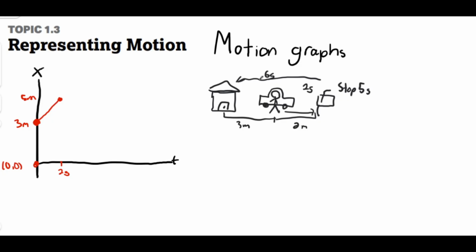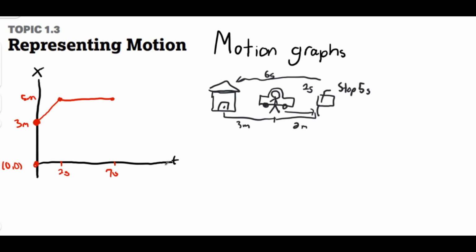Then we stop for 5 seconds. So at 7 seconds, we are at the same position the whole time because we're still at our mailbox. So here's our position there. We can draw a line connecting it. Then we go back to our house in 6 seconds.